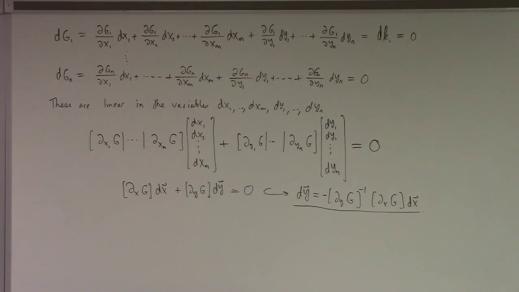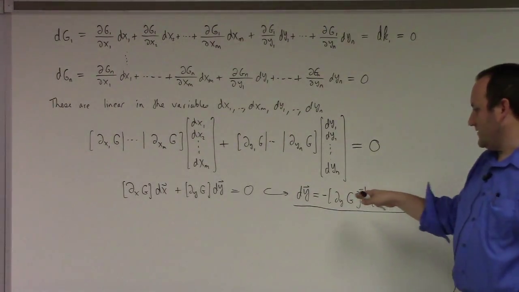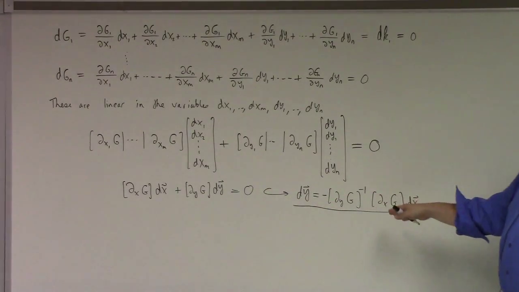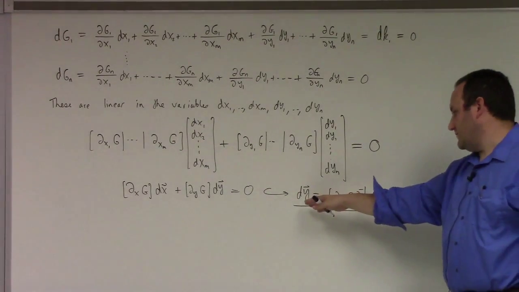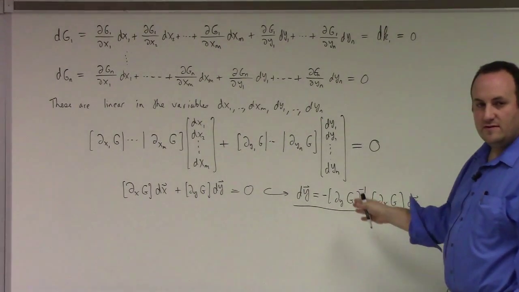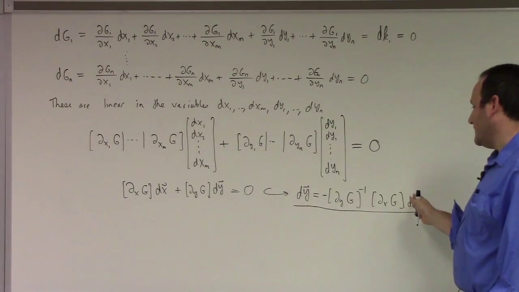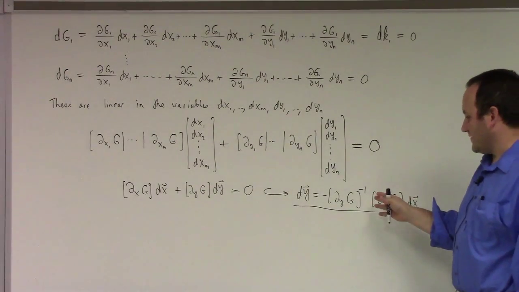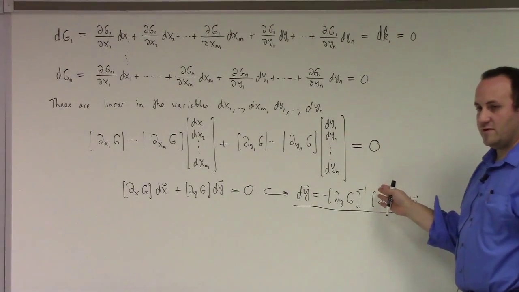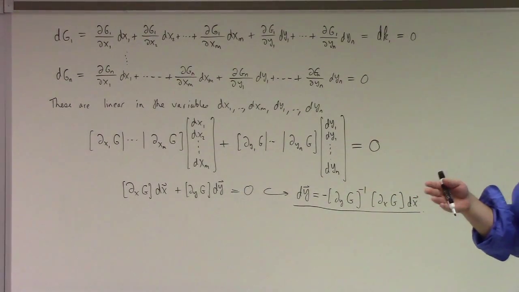Okay, so what this shows you is I can solve for dy as a particular linear combination of the dx's, provided that the matrix partial y g inverse exists, right? Now remember last time we talked about the implicit function theorem. What did it tell us?